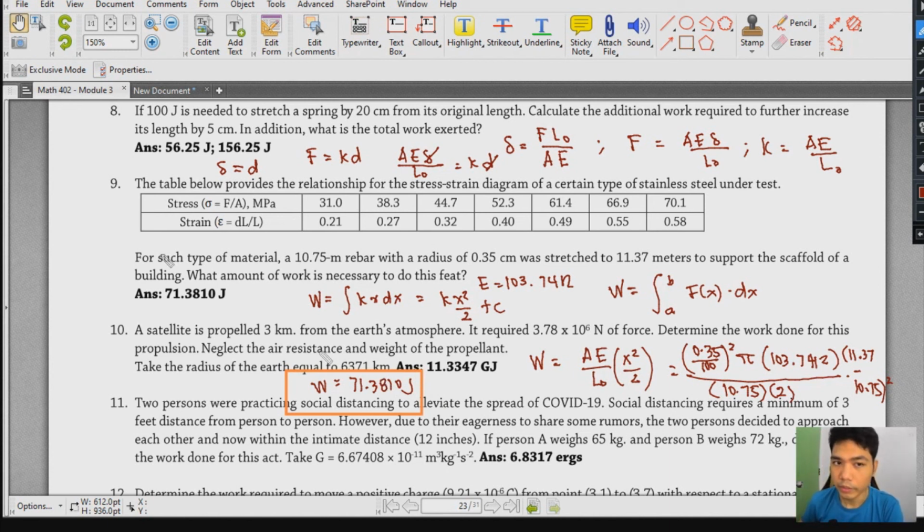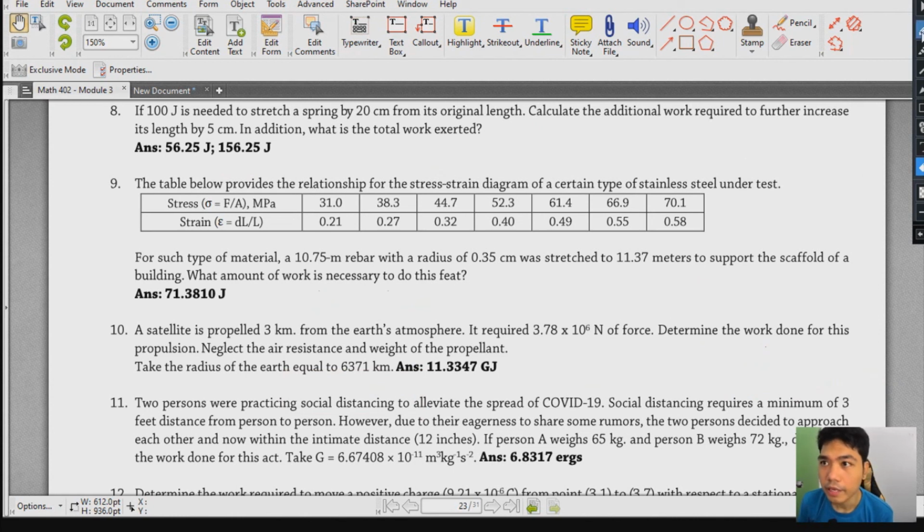Remember, this is in megapascal. If this was in Pascal, it would really be negative 5. But since it's megapascal, you have to convert it to Pascal, so times 10 to the positive 6. So for this Young's modulus of elasticity, you could incorporate times 10 to the 6 to be consistent with joules. Okay, so let's head to the last examples.